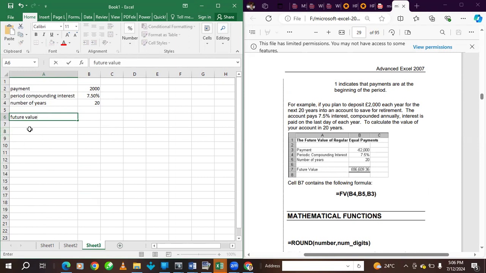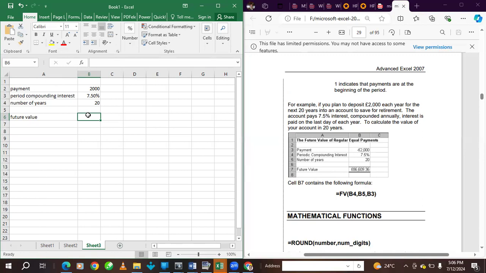So the future value for this kind of values, for you to be able to calculate, they have shown you FV is equal to what? P4. And where is our P4? P4 is the interest rate. Then you multiply P5. Our P5 is the number of years. Then you multiply the payment that he or she is paying.